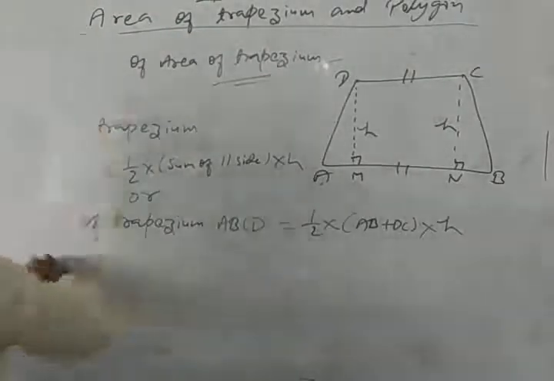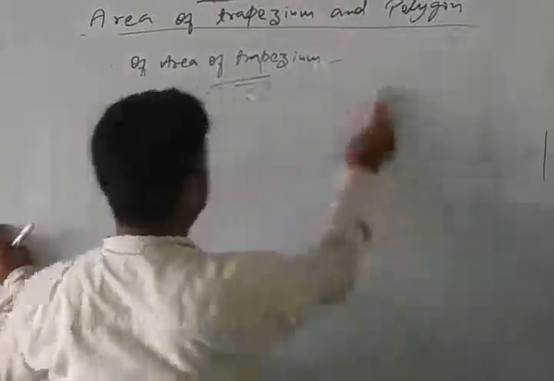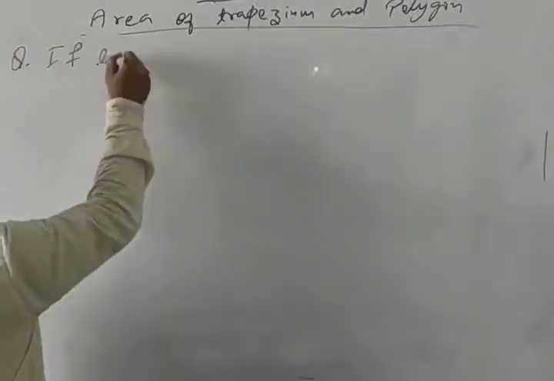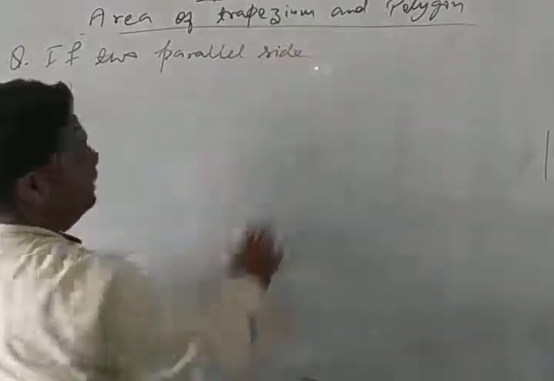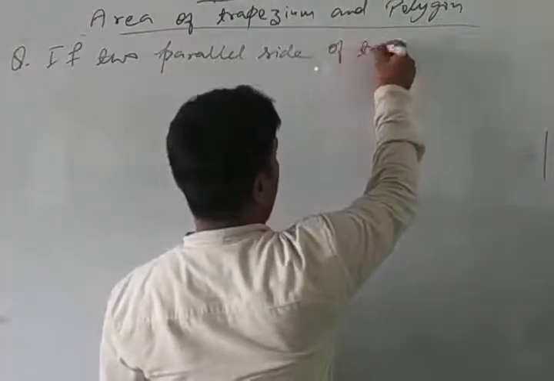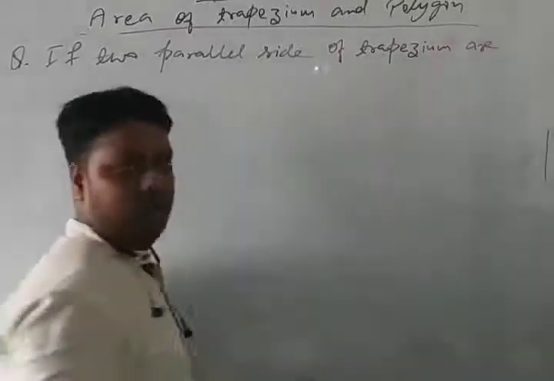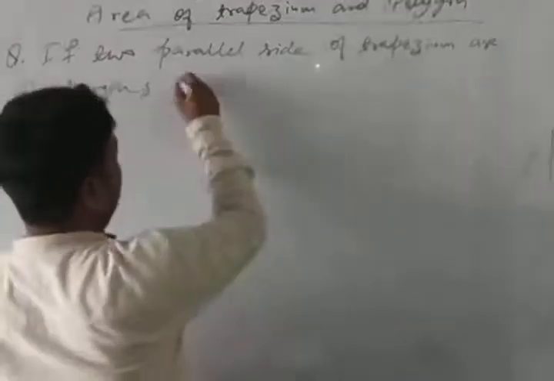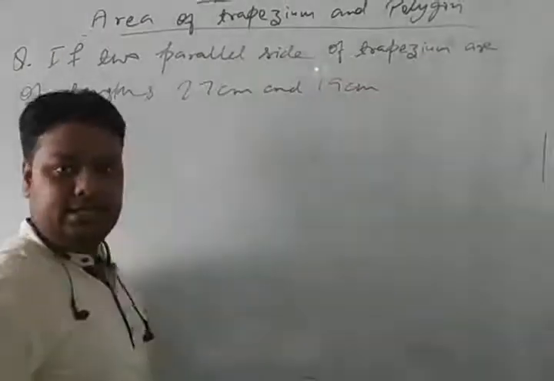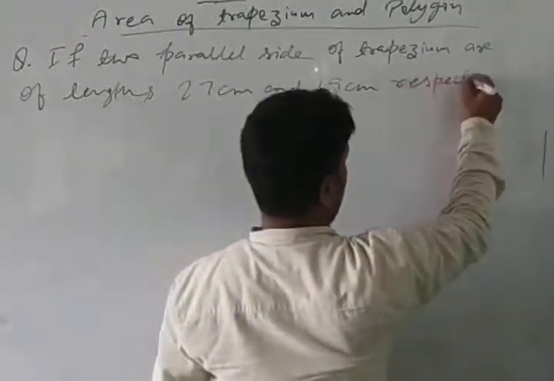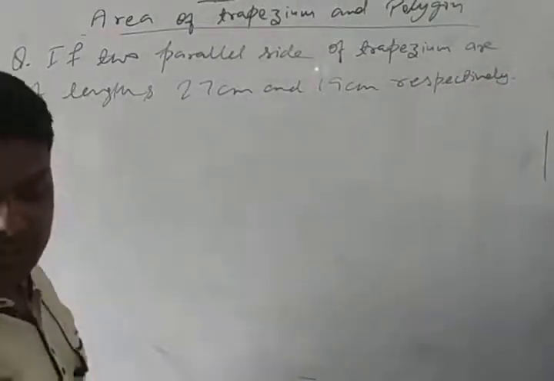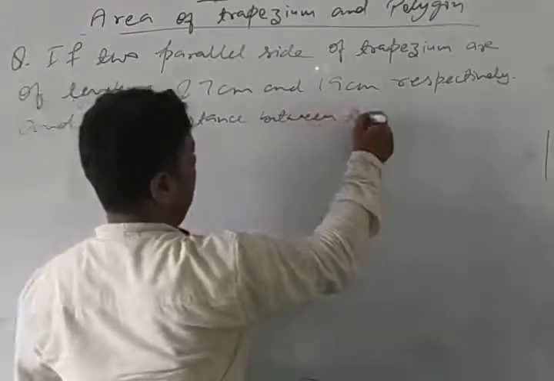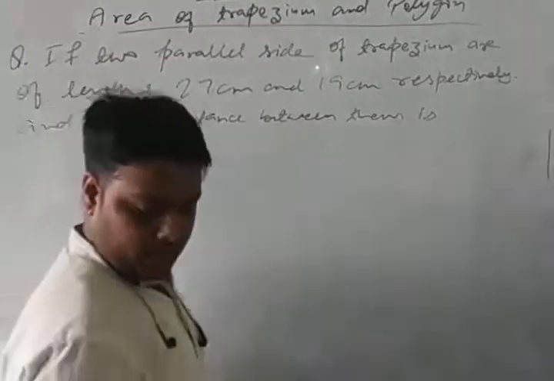Now I am writing the question on the board. If two parallel sides of a trapezium are of length 27 centimeter and 19 centimeter respectively, and the distance between them is 14 centimeter.